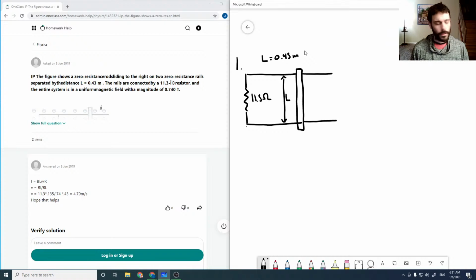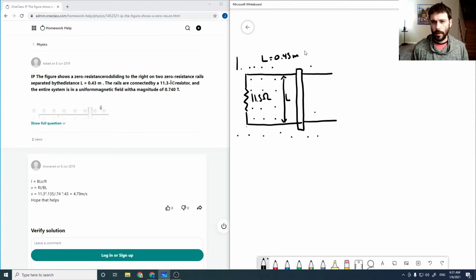And it is inside a uniform magnetic field of strength 0.74 Tesla.